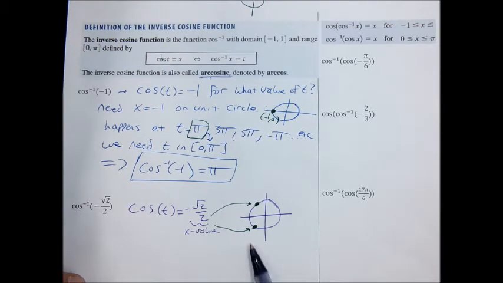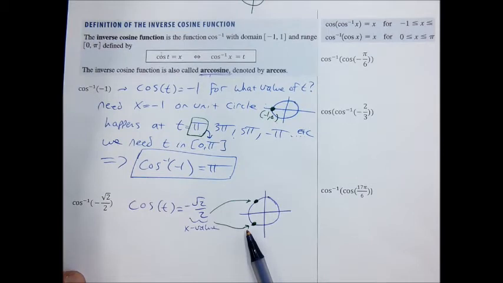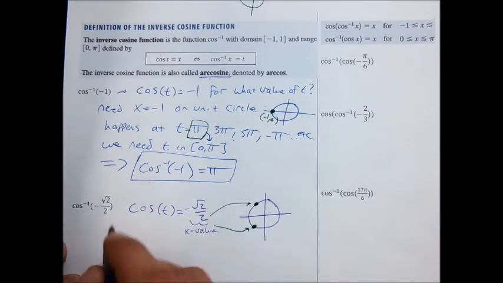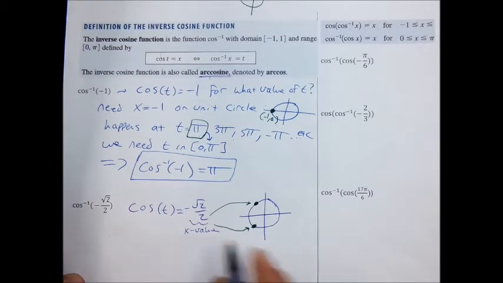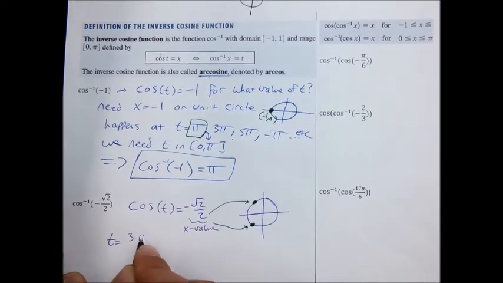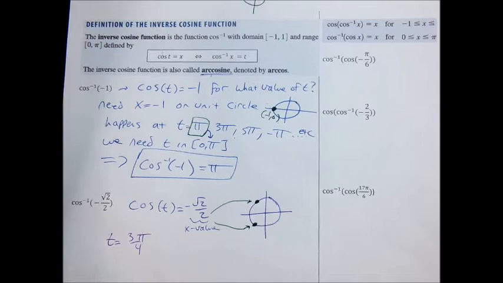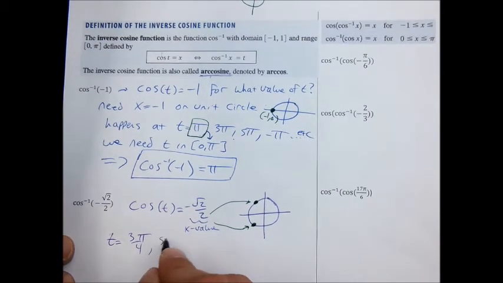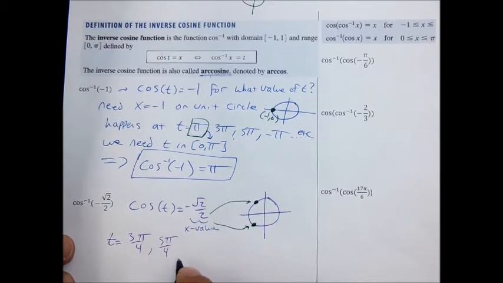So what are some options? 3 pi over 4 is an option. Those things happen at t equals 3 pi over 4. What's another option? 5 pi over 4 is an option. We could have minus 3 pi over 4 or minus 5 pi over 4.